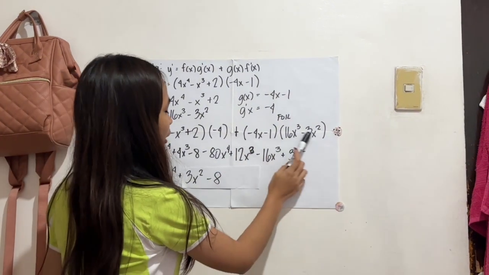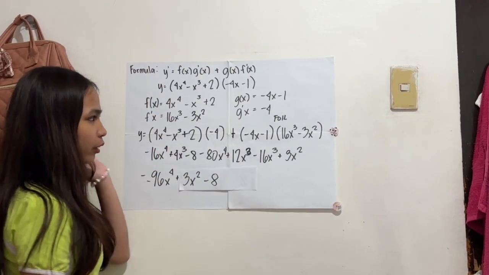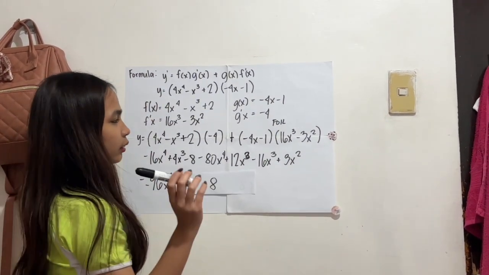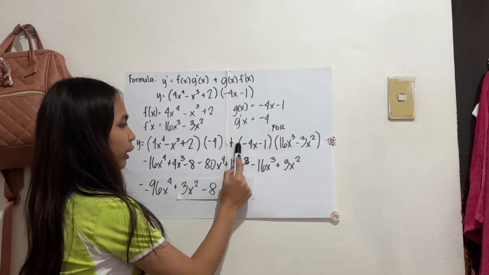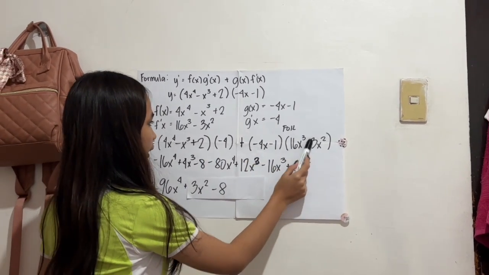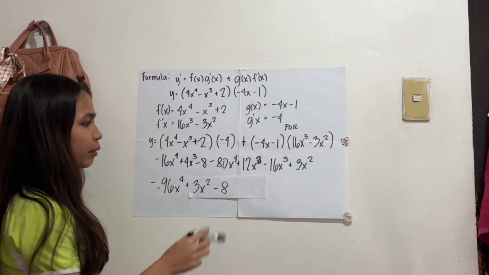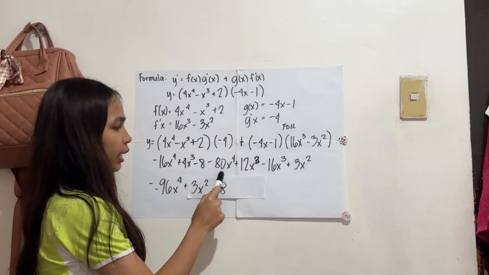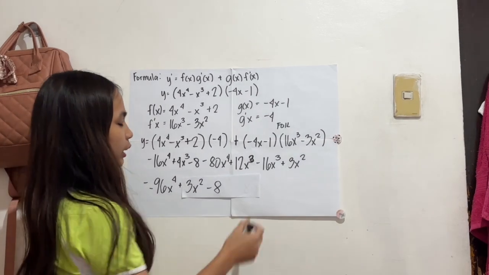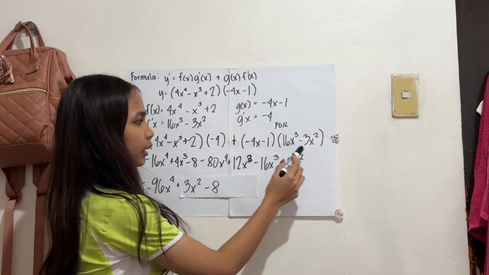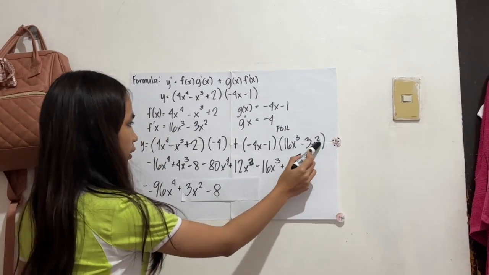Sa kabila, pwede natin i-apply yung FOIL method. And bali, yung first term muna, negative 4x and yung 16x cubed. Kaya magiging negative 80x raised to 4. Next, yung outer nila, which is negative 4x and negative 3x squared.